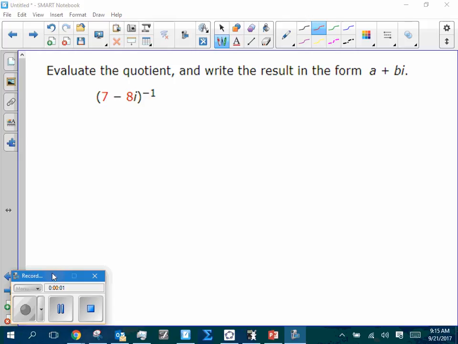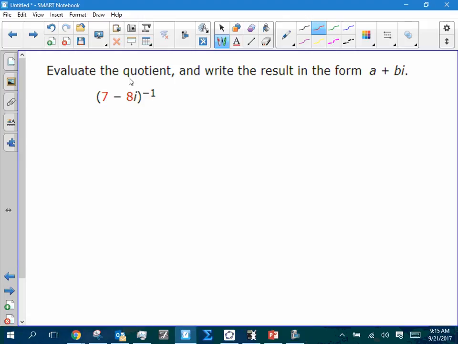The nice thing about it is that they tell me that. And that's maybe insightful on what we really have here, okay? Because looking at it, it doesn't look like it's a quotient, right? It doesn't look like division.